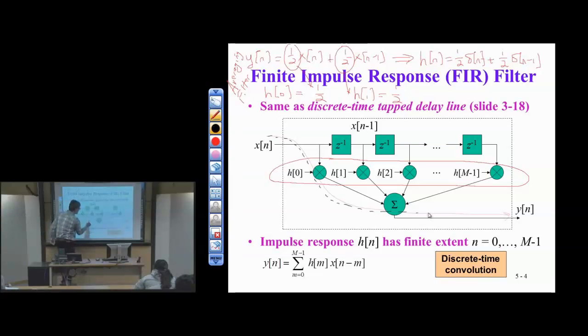All right, so we're going to take the first path from input to output. That's just y of n is x of n times h naught. Next path through, I delay by 1, so I get x of n minus 1 times h1.